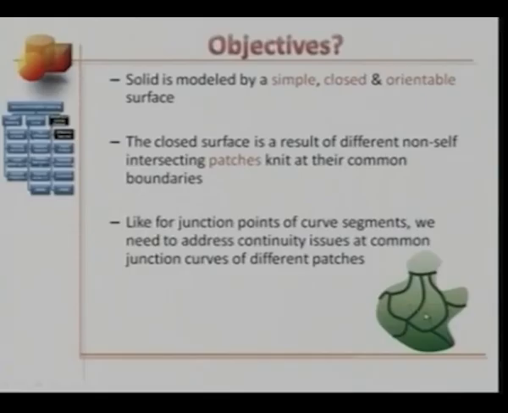We need to worry about the continuity between these two patches around this curve. By around, I mean both along, like so, and across, like so. And for that, we need to study different differential properties of surface patches. We'll start with some of them today.